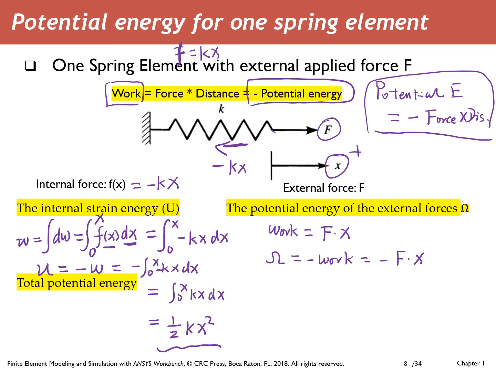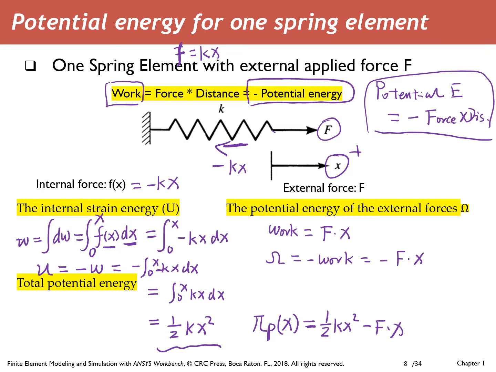So in total, the total potential energy, here we use pi to represent it, will be a function of x and equal to 1 over 2 kx squared minus F times x, where the first term is the internal potential energy and the second is the potential energy of the external force.